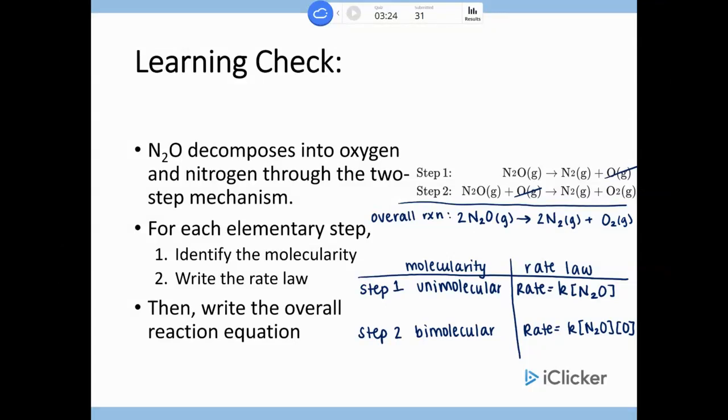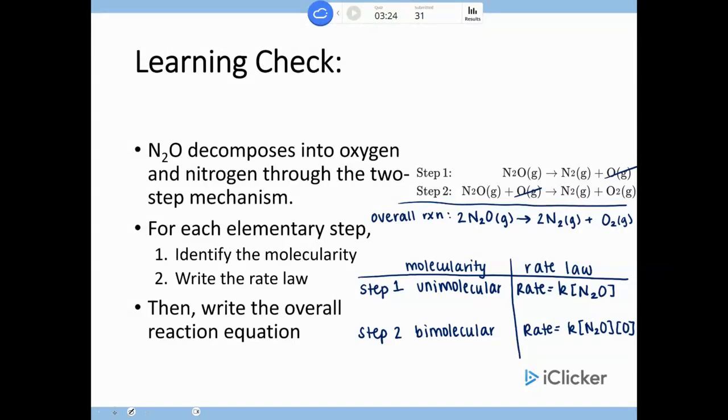If that's the first step, and then that produces an intermediate for step 2 which is quicker, well, for step 2 to occur, we're waiting for step 1 to complete. Or if step 1 is fast, step 2 is slow, then the product can only be formed at however fast step 2 is going to occur.